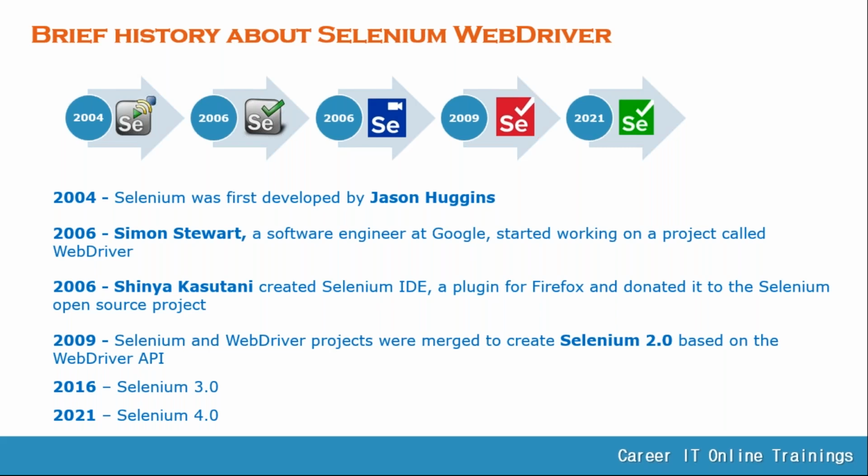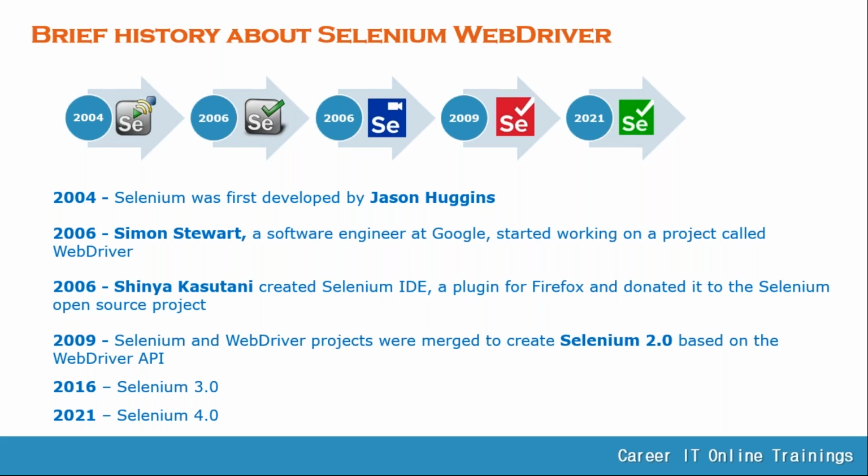Earlier the name was QTP. It was initially developed by a company called Mercury. The Mercury company was later acquired by another company called HP. So now it's HP UFT, earlier Mercury QTP.